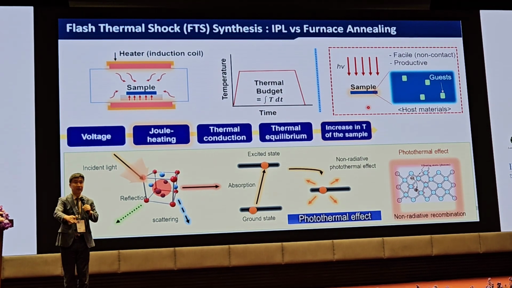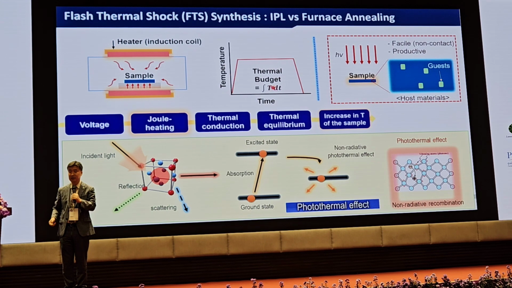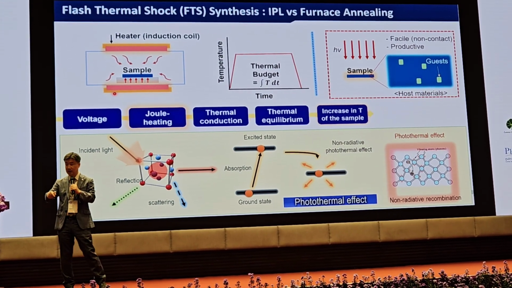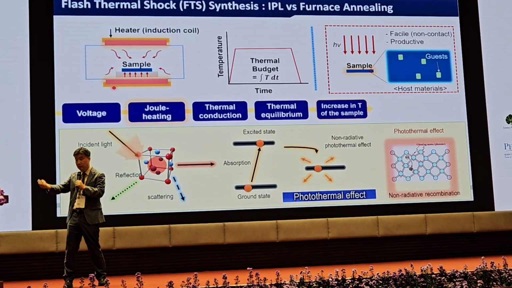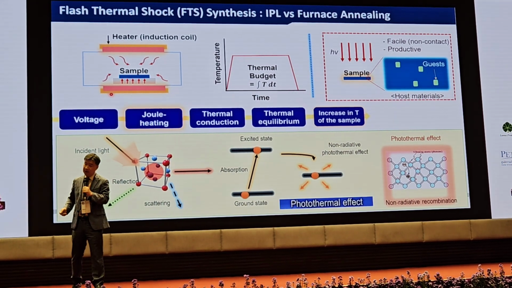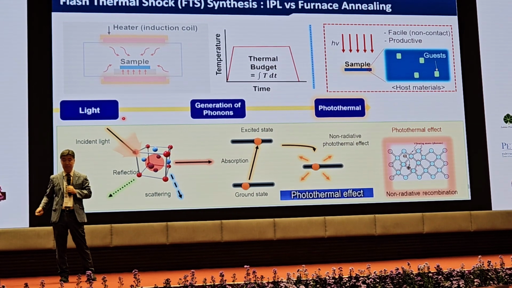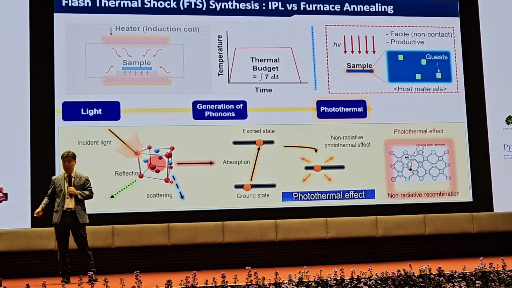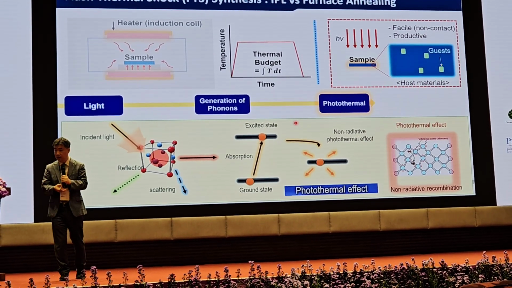Simply, let's compare. The left one is furnace annealing, right? There are 5 steps. We first apply the bias and Joule heating, temperature increase, thermal conduction, and thermal equilibrium, then the sample temperature is increased, right? The right case is light exposure, where we can reduce the steps: light exposure and generation of phonons, then based on the photothermal effect, we can increase the sample temperature.